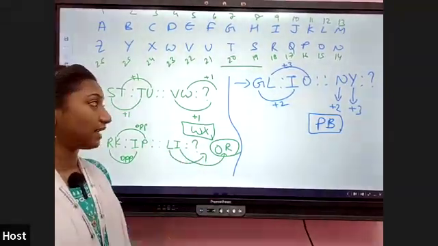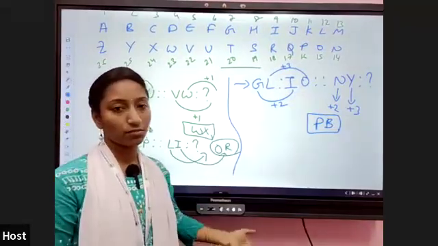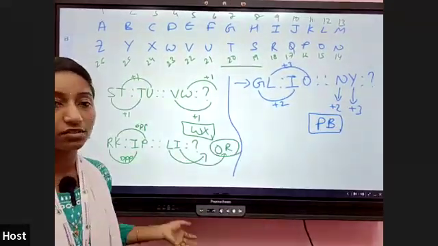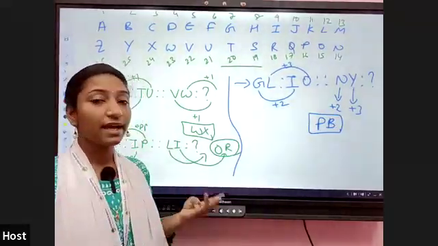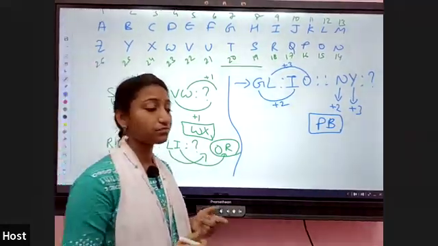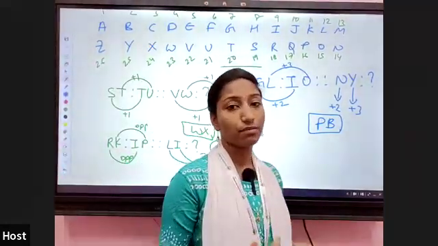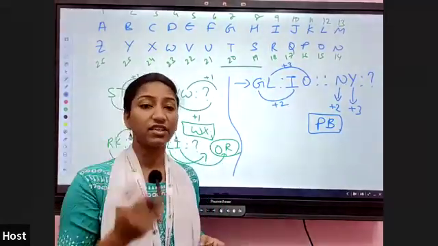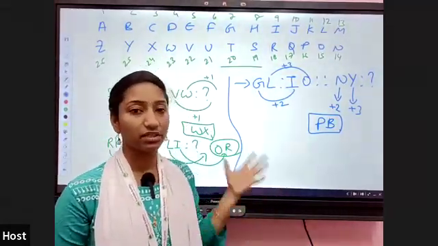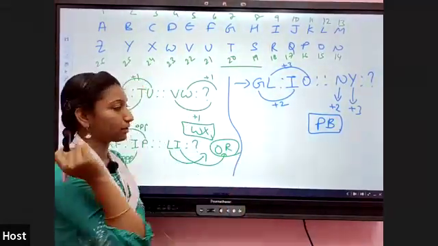There is another model also, the subtraction model. As we discussed, these are all topics in coding and decoding: addition model, subtraction model, and next the opposite model. Reverse also they may give in this analogy topic.